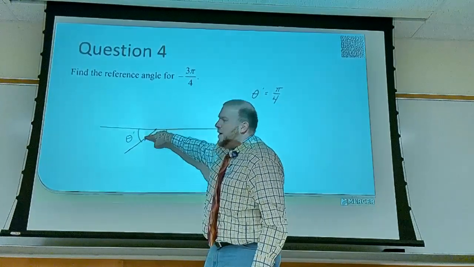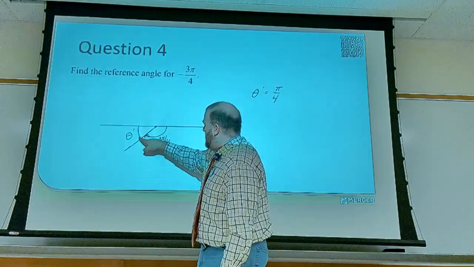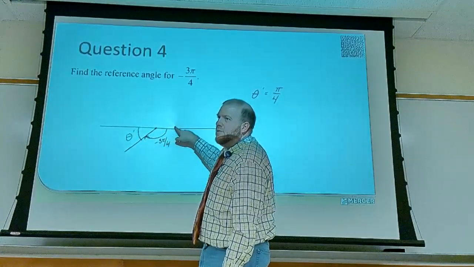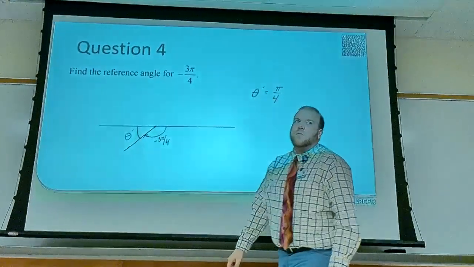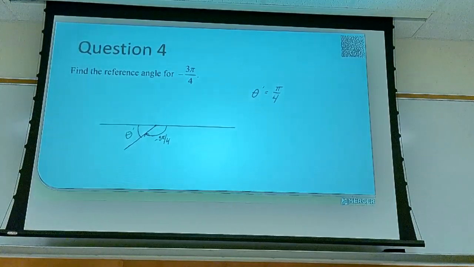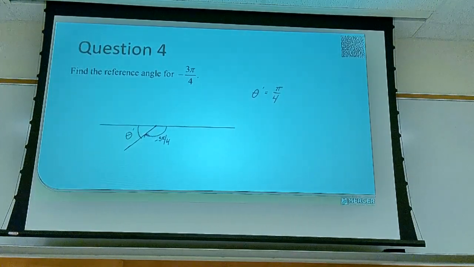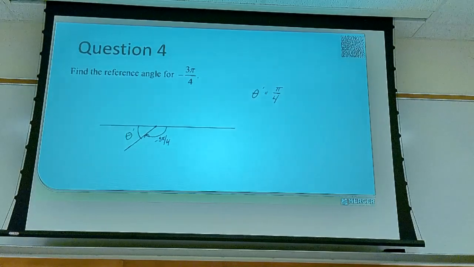We just add 2 pi to it, it's 5 pi over 4. Then 5 pi over 4 minus pi gets you your pi over 4, because you know that straight line is pi, 180 degrees, and you went a little further beyond that.